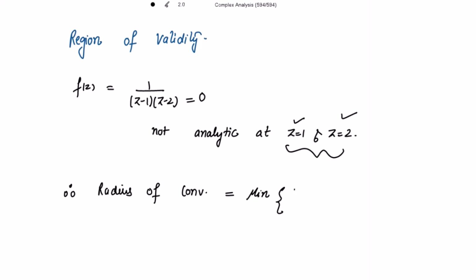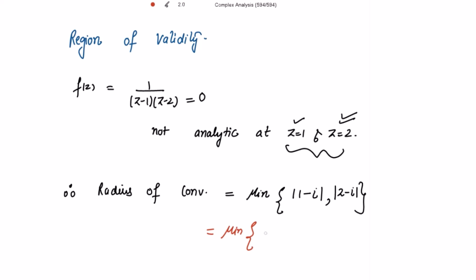It is the distance between the point where the function is not analytic and the point about which the function is expanded. Similarly for this, the point where the function is not analytic minus the point about which the function is expanded, that is iota. So this is equal to the minimum value.